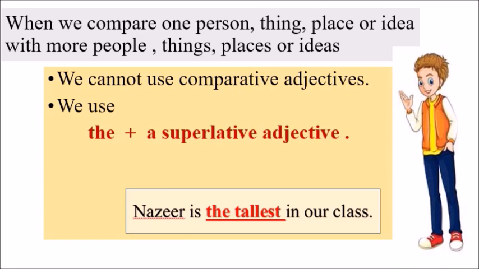When we compare one person, thing, place, or an idea with more people, things, places, or ideas, we cannot use comparative adjectives. We use the plus a superlative adjective. As an example, Nasi is the tallest in our class.